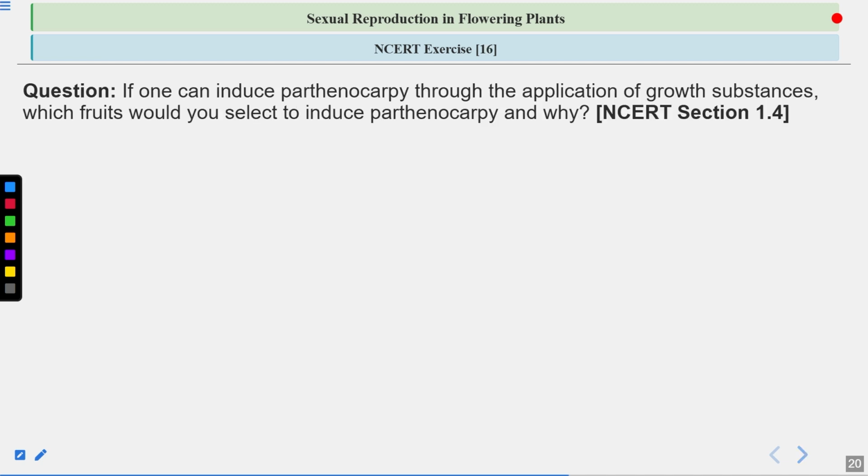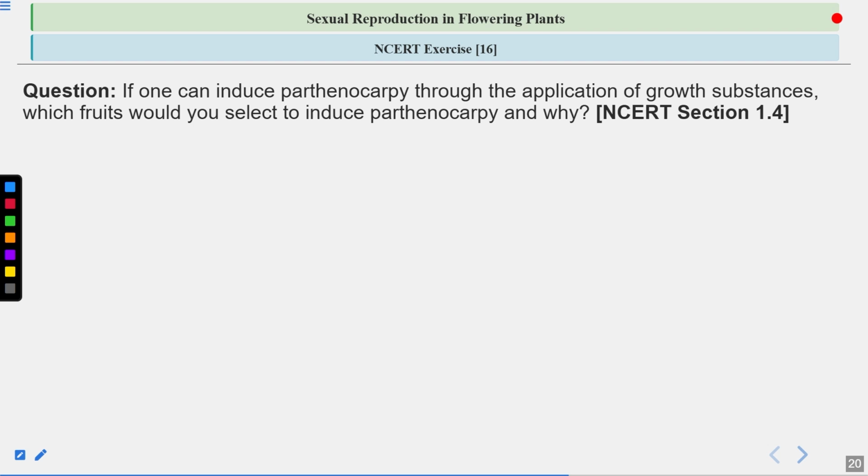Okay, so your question is here. Right, sir, banana has no seed, then how can we grow it? So here the answer is from this question also. If one can induce parthenocarpy through the application of growth substances, which fruit would you select to induce parthenocarpy and why?